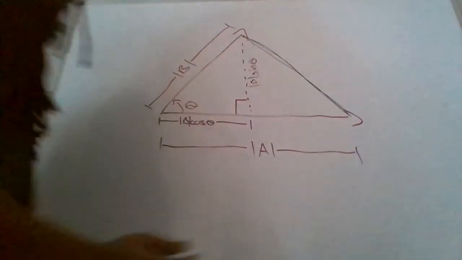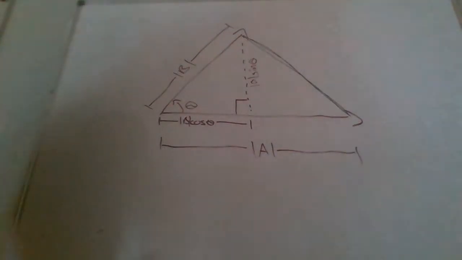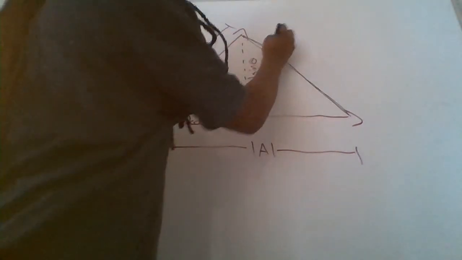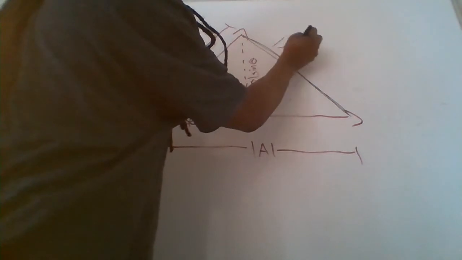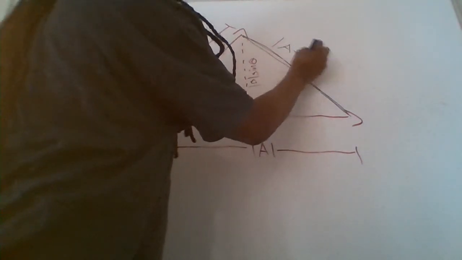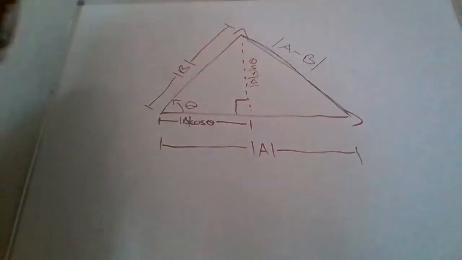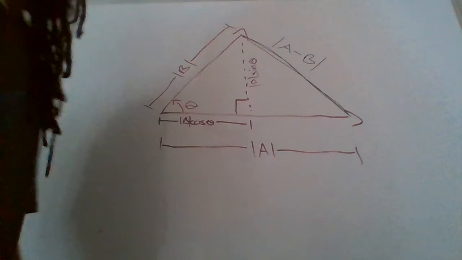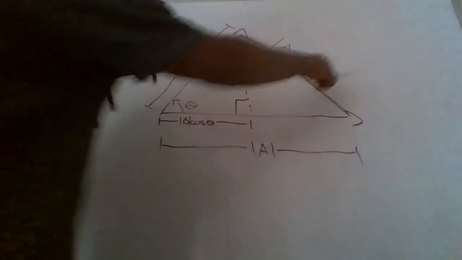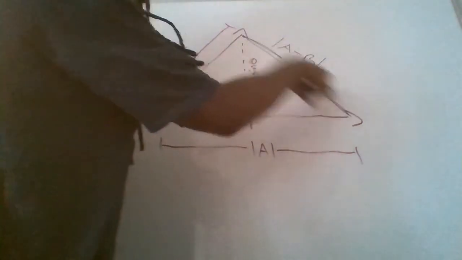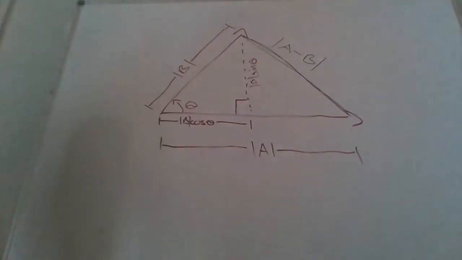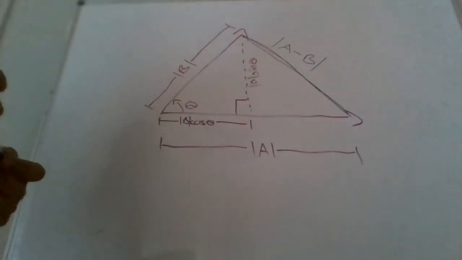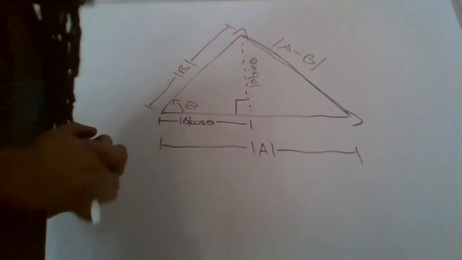And this length, if you know vector addition and vector subtraction, then you know the length of this vector is the magnitude of A minus B. Now, in order to prove the dot product, we have to solve for the length of this side, or actually the length of this side squared. We'll solve it in two different ways, and then we'll compare those results.